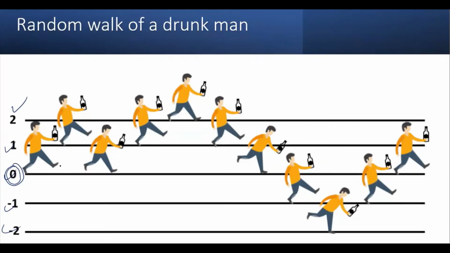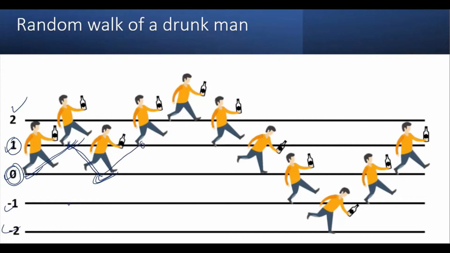So here this guy is at 0. Next time you will move to 1, see 1 here, or -1. In my diagram, he moved to -1. And from 1 once again, he can go to either 2 or 0. Here it came back to 0. See, 1 increment, 1 decrement, again increment 1.